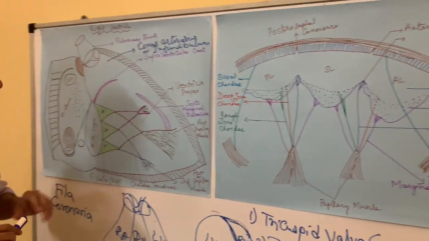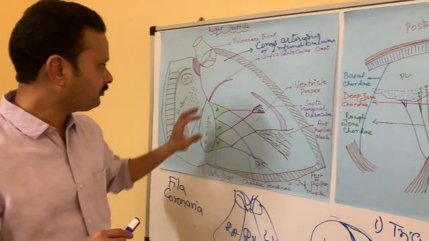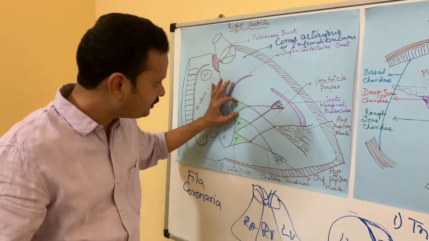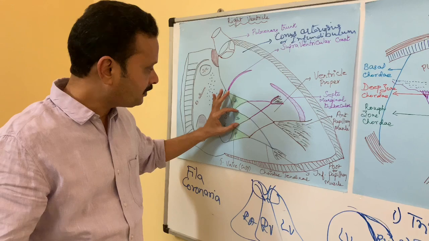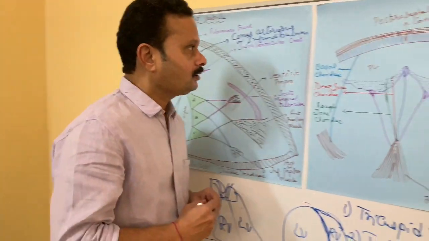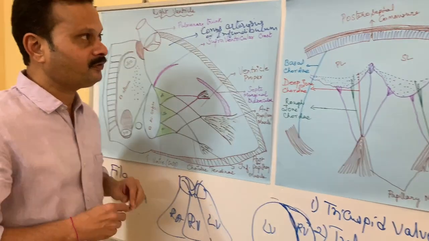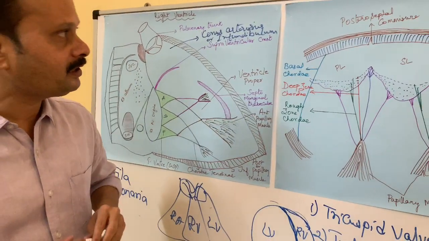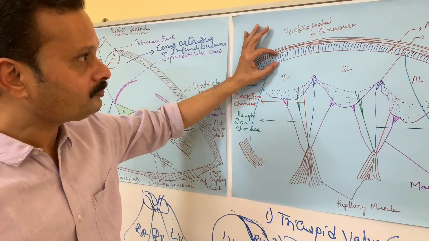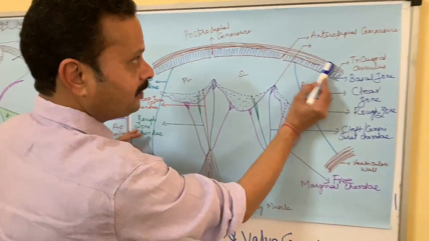So each valve, I have said anterior leaflet is larger, septal one smaller, and posterior one midway between the two. Now, if you see the parts of each valve, it consists of basically 3 zones. This is the tricuspid annulus.